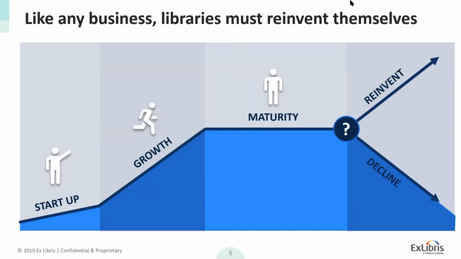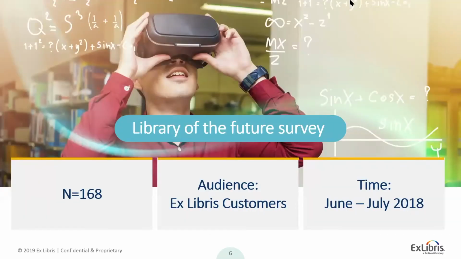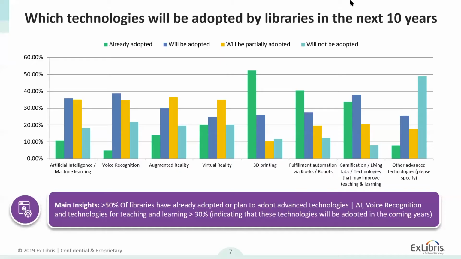So we here at Ex Libris tried to understand what the libraries of the future might look like. In order to get some insight, we sponsored a survey around this time last year. We had about 170 responses. The audience was Ex Libris customers, and the questions were around what type of technologies the respondents will be adopting, or already adopting, or investigating?